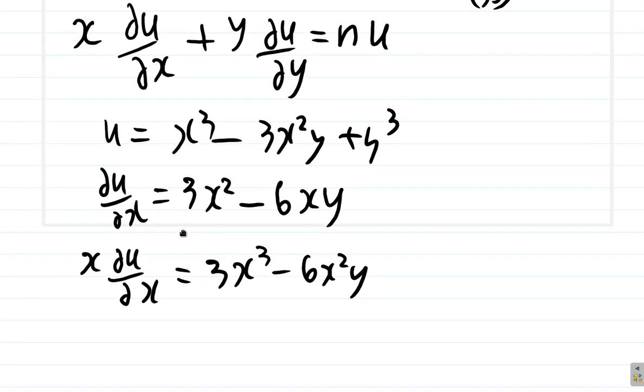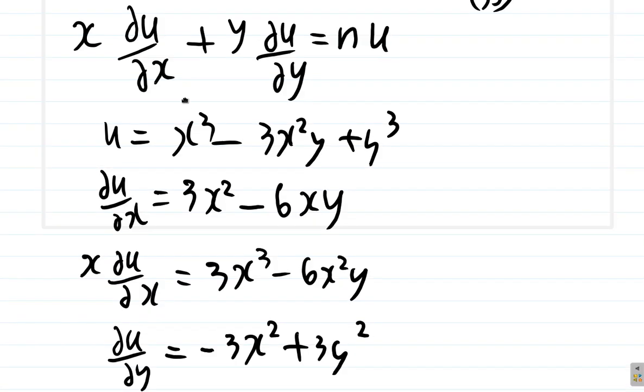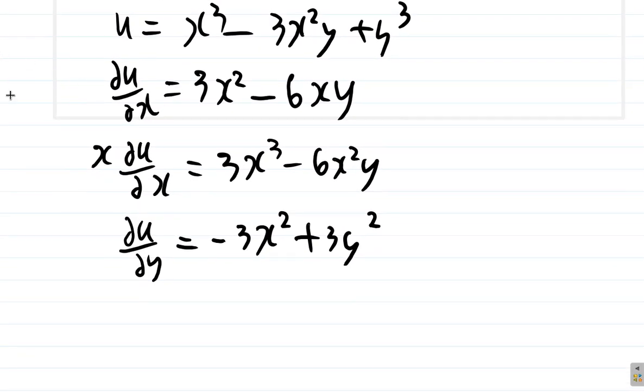Now what about delta u by delta y? Delta u by delta y is equal to, differentiate it with respect to y. This will go, it's 0, it's constant. We're treating x as if it's a constant for now. You're going to have minus 3x squared plus 3y squared. Now we want y times delta u by delta y. So we multiply this by y.